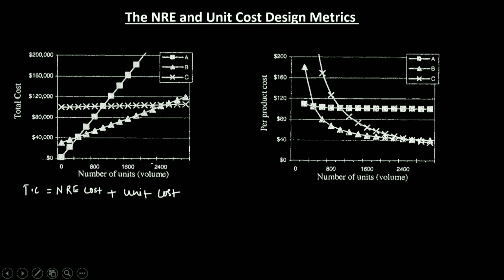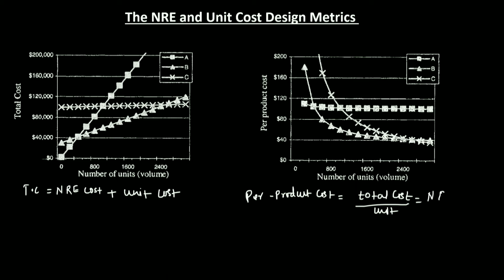The figure plots per product cost versus volume, where per product cost is equal to total cost divided by total number of units. Or we can write it like this: NRE cost divided by units plus unit cost. This is from here.